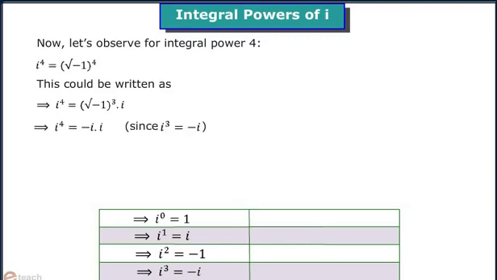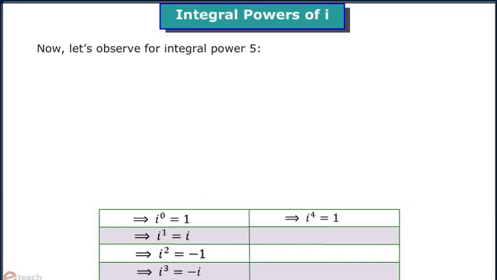Since we know that iota cube equals minus iota, therefore iota raised to the power 4 equals minus iota into iota, which implies iota raised to the power 4 equals minus iota square, which further implies iota raised to the power 4 equals negative of negative 1, since iota square equals minus 1. This gives iota raised to the power 4 equals 1.